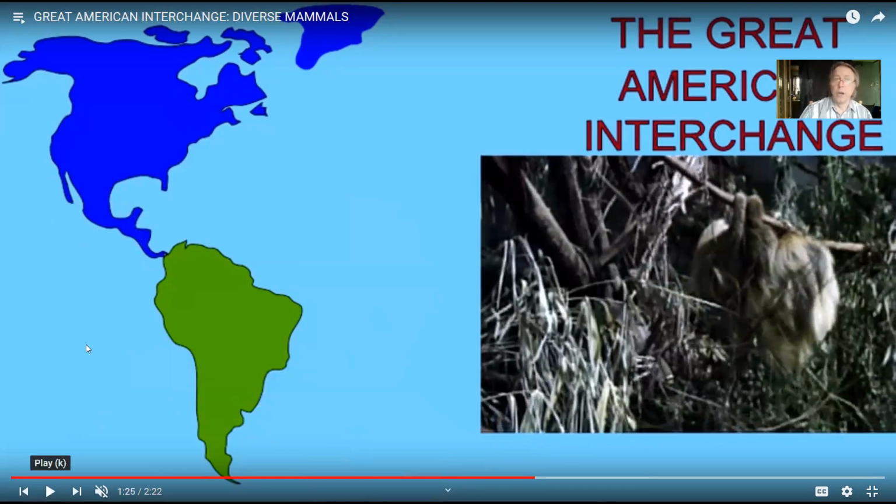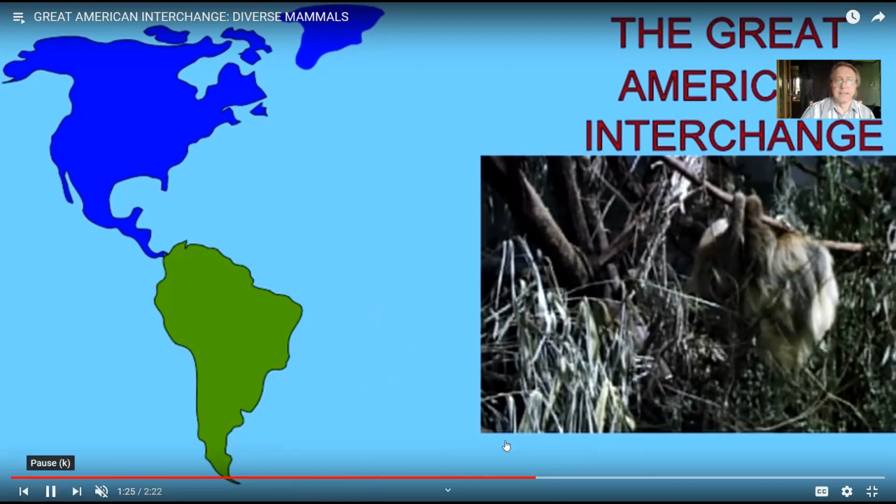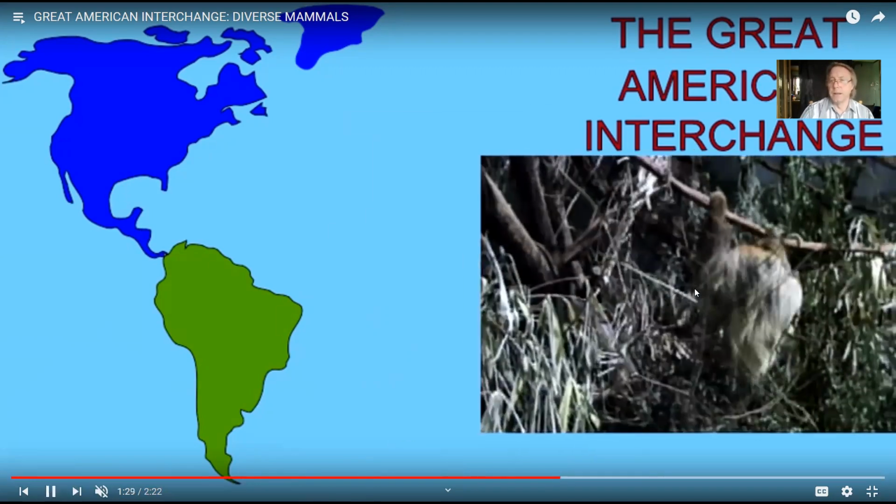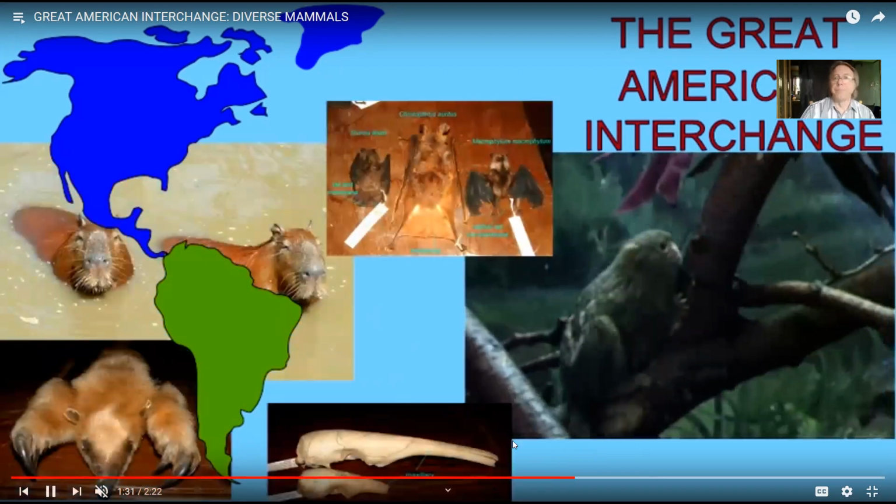Thomas Jefferson wrote a paper describing the fossils of a ground sloth, which was featured very prominently in the Academy of Sciences in Philadelphia in the young United States. This was their major philosophical and scientific society. So this was of interest even to some of the founding fathers.